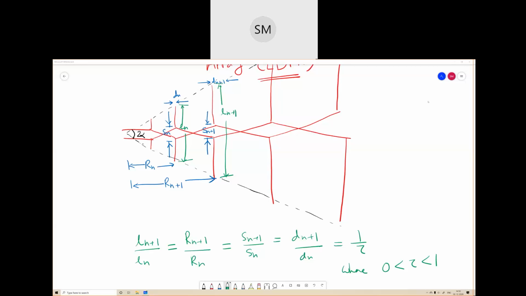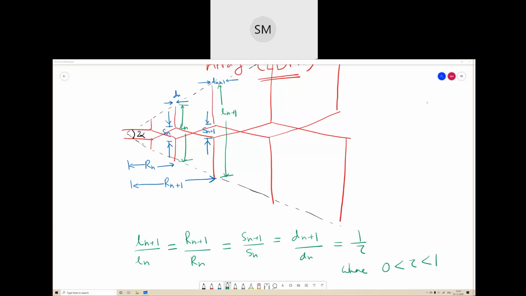So ideally all these should increase in this ratio as the antenna moves on, okay.